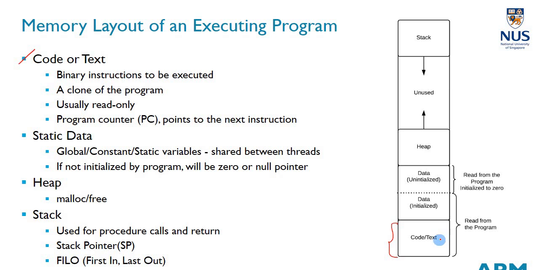Then you also have a lot of data. When you write a program, you may have a lot of variables, arrays, and structures, and all of them need some memory space. Those that are initialized will occupy some memory, and uninitialized ones will go to other memory segments.